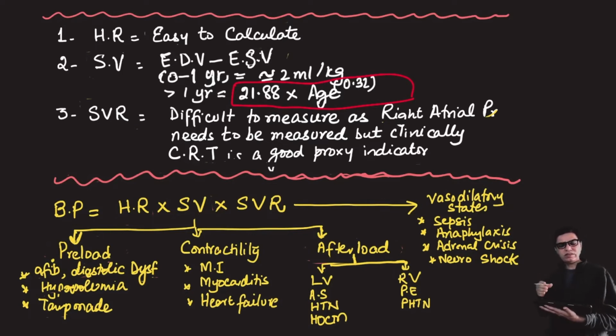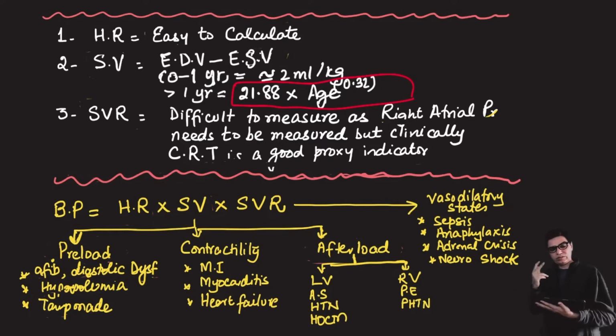That would lead to cool peripheries and peripheral mottling, though peripheral mottling can also be caused by cold weather, or if the child has been exposed to the cold. So you have to take these things into consideration. If there is no cold and the child is in a good environment and has cool peripheries, that's another indicator that the systemic vascular resistance is down.